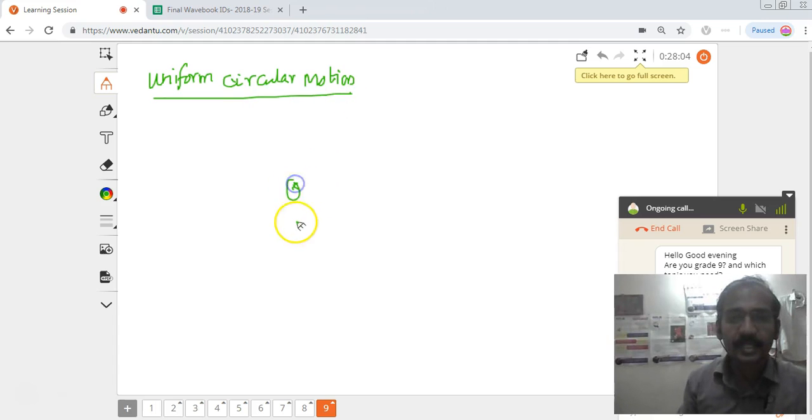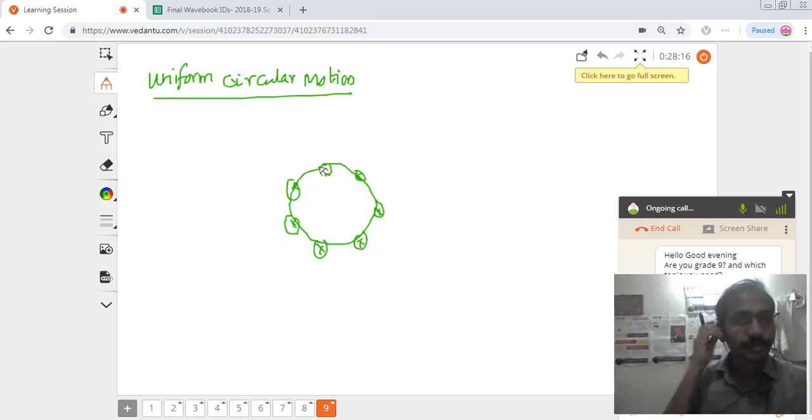If an object travels equal distances in equal intervals of time circularly, it is called uniform circular motion. Could you repeat? If an object travels equal distances in equal intervals of time circularly, it is called uniform circular motion.